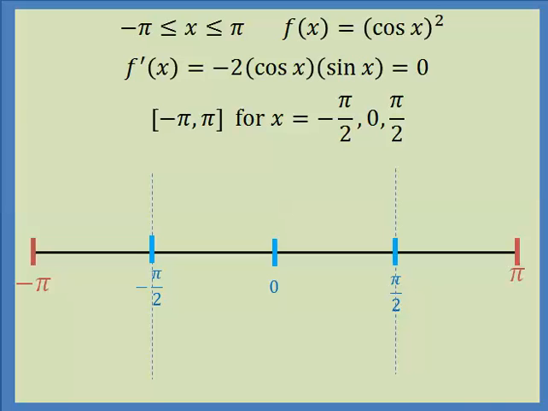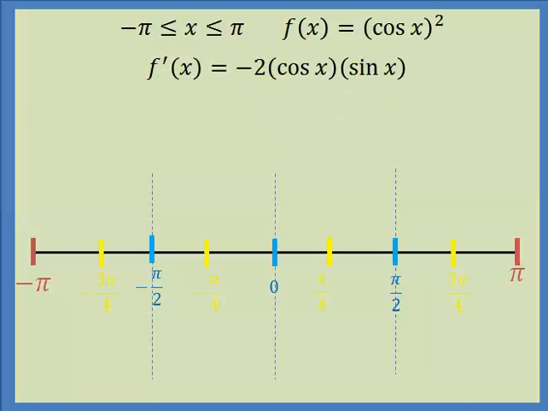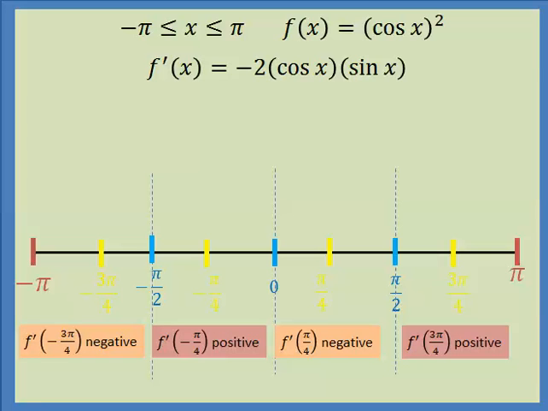if we choose a test point for each interval, and we test whether or not f prime is positive or negative for that point, that test point tells us what f prime is for the entire interval. So, for example, f prime is negative at negative 3 pi over 4.